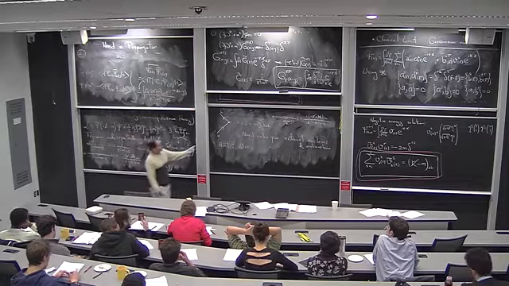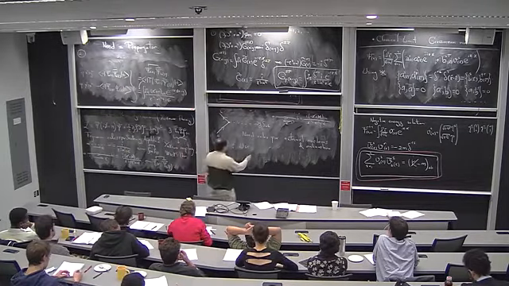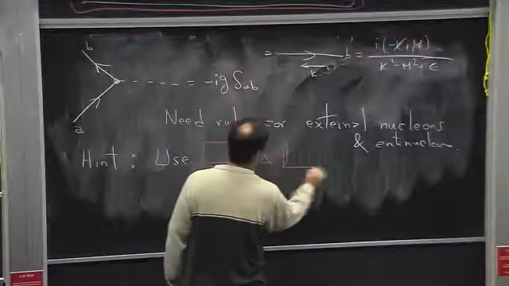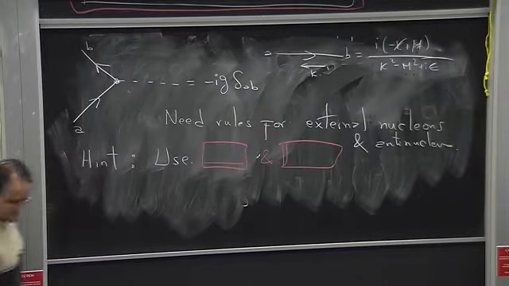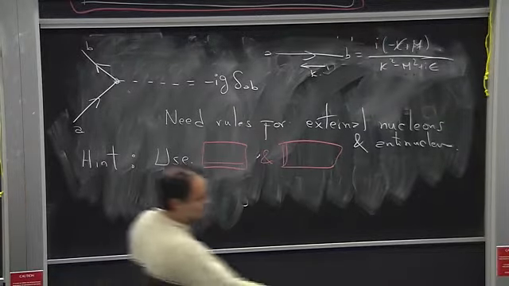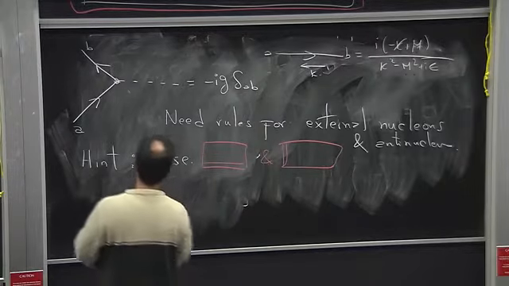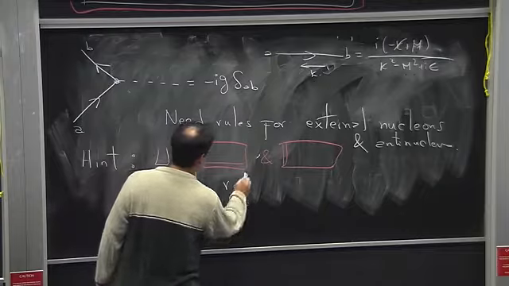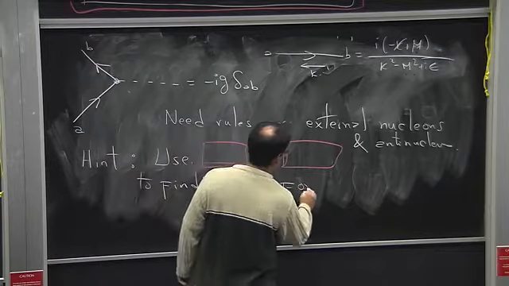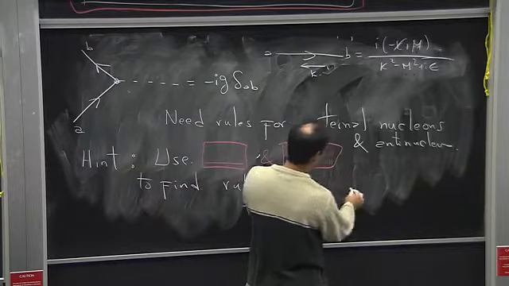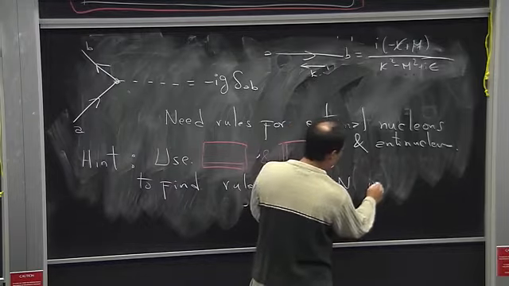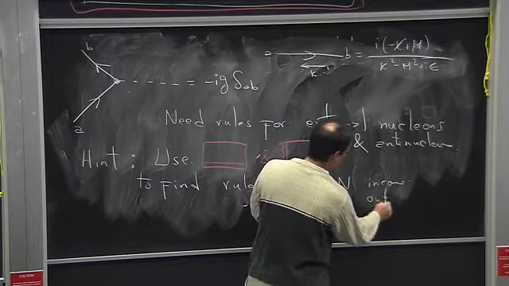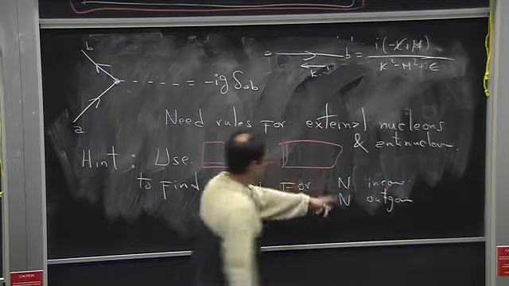Use the two formulas we circled to find rules for what happens when we have an incoming nucleon, an outgoing nucleon.